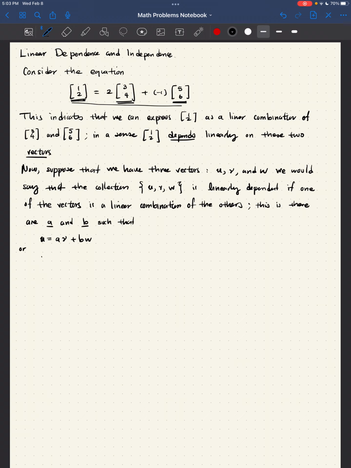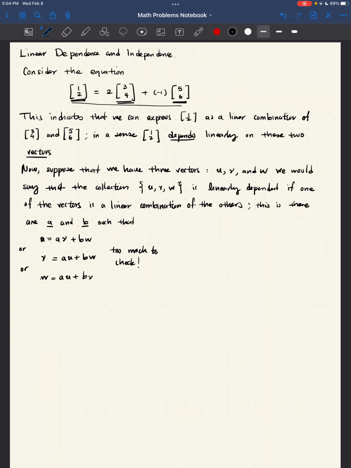Or you have V is equal to AU plus BW, or you have that W is equal to AU plus BV. But well, this is too many things to check, right? It's a lot of work.